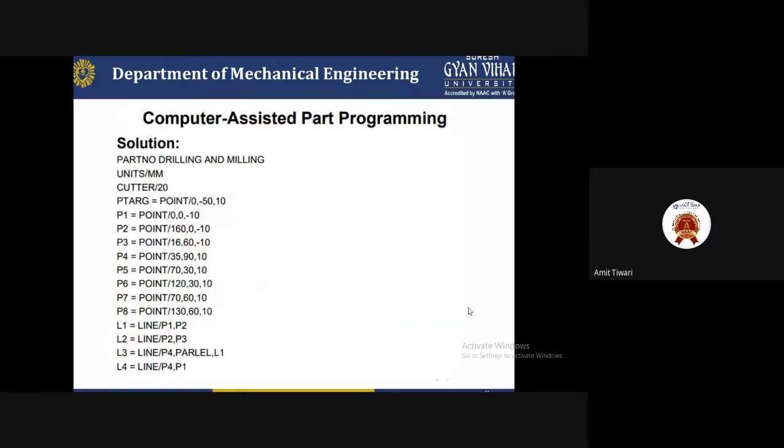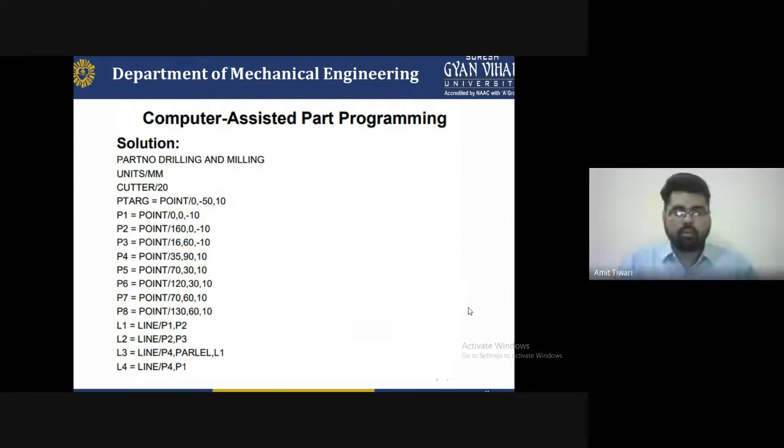So this is the computer assisted part programming solution that is given. First is part on drilling and milling. Second is the units, mm. Cutter /20 degree. Pt arc is equal to point /0, 0, -50, 0.